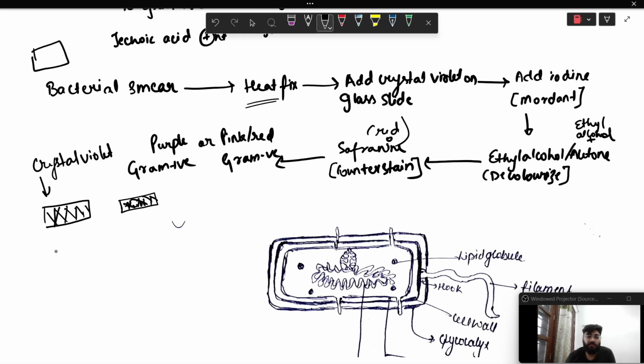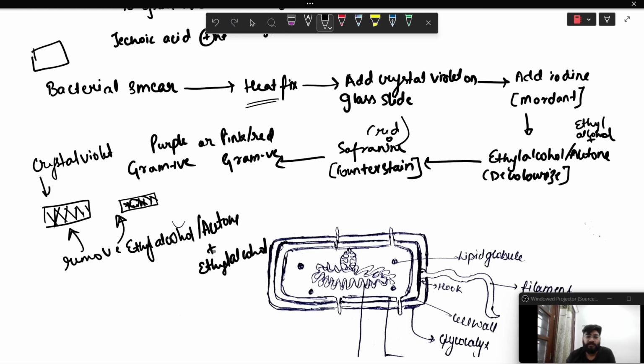So when we remove the color through ethyl alcohol, or acetone plus ethyl alcohol, then the color is not easily removed from the gram positive, but it is removed from the gram negative as it is a thin cell wall.